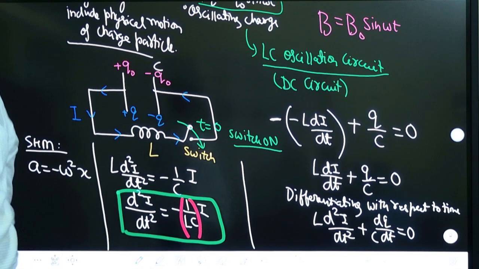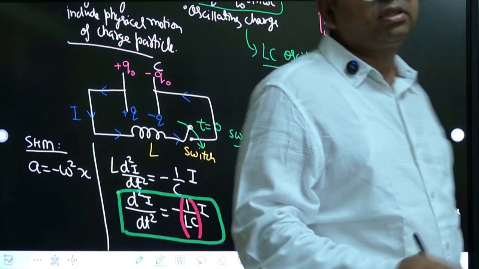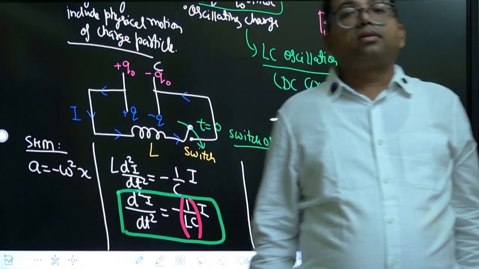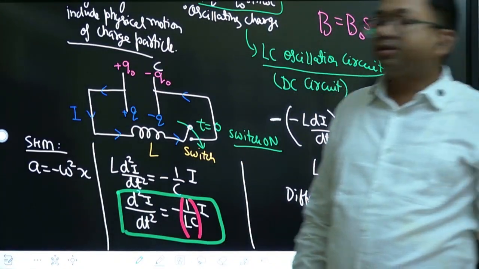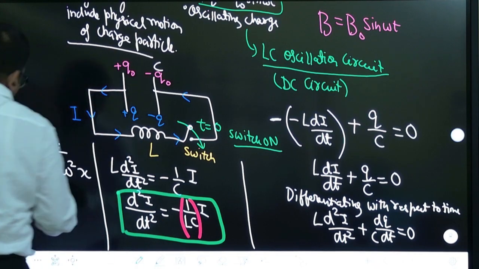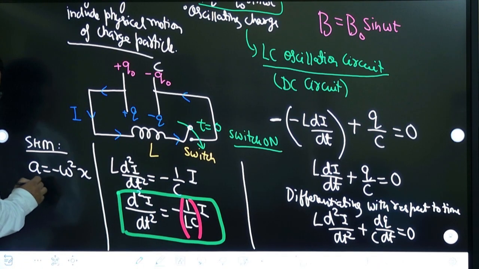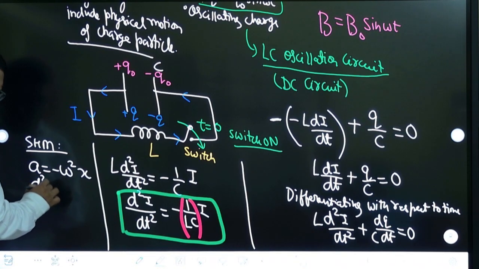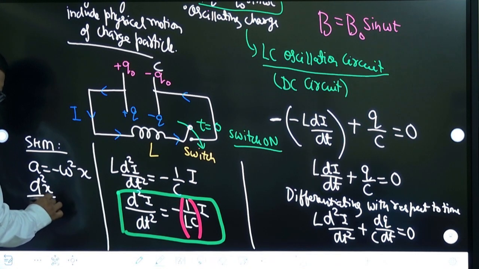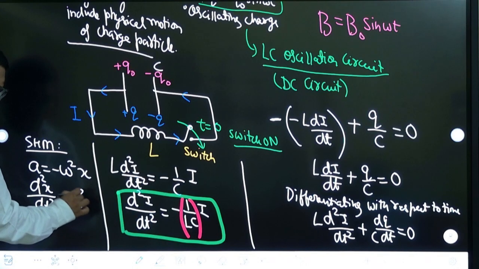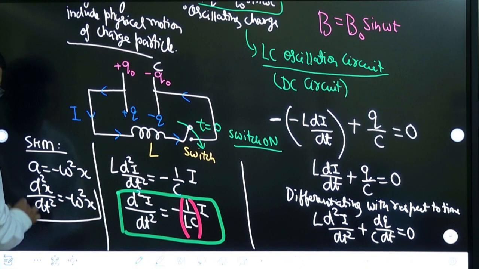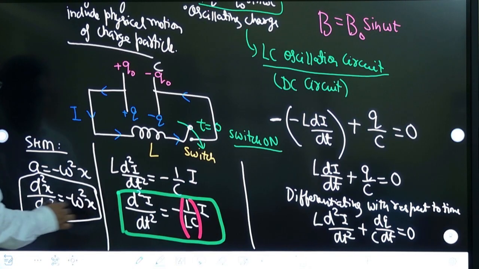You have studied simple harmonic motion, yes? Acceleration is written as double differentiation of position, so d square x by dt square is equal to minus omega square x.